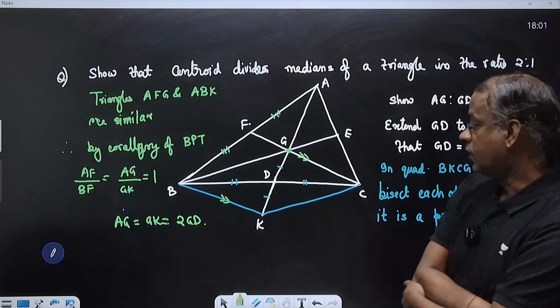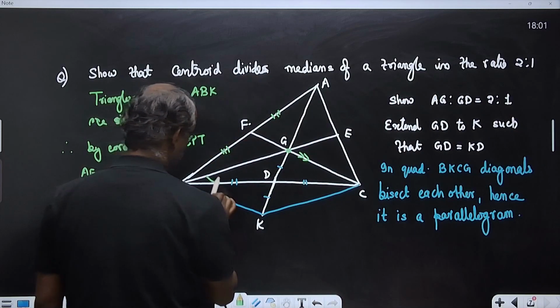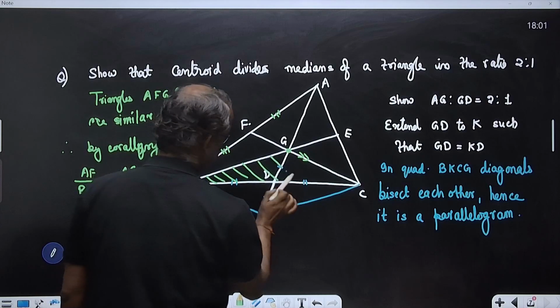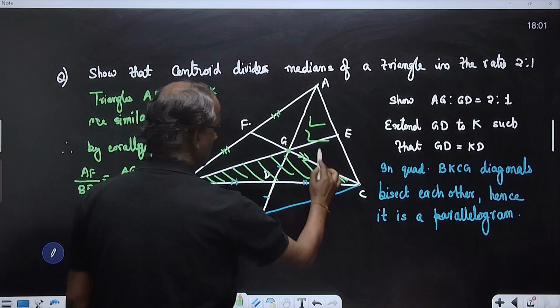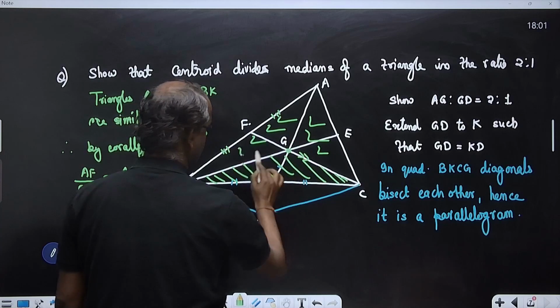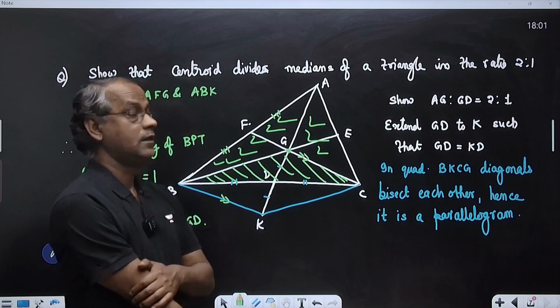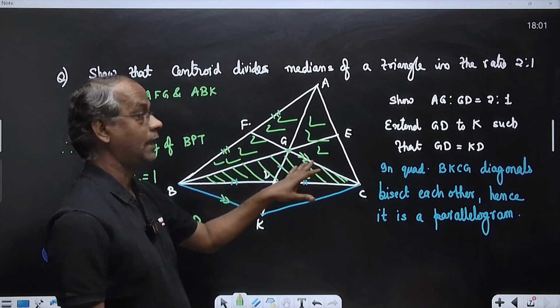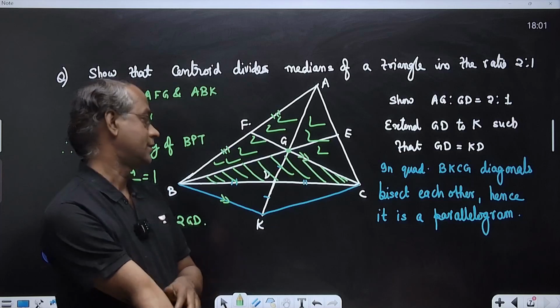Okay. Further, we should also keep in mind that in a triangle, medians divide the triangle like this. These 3 triangles are of equal areas.